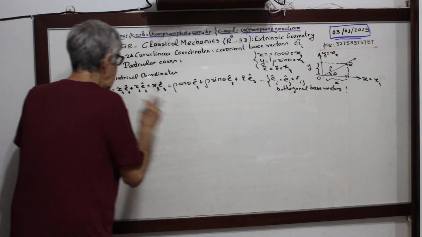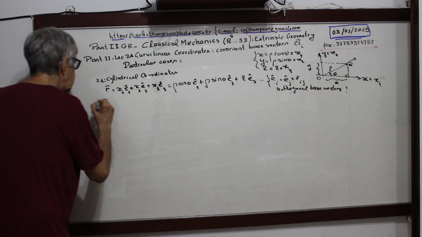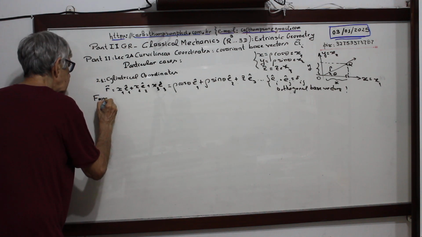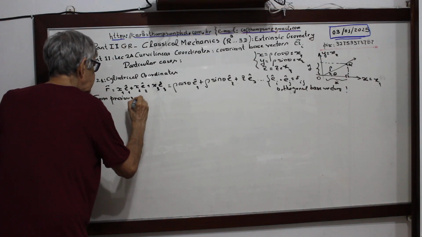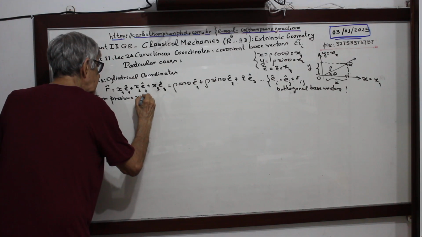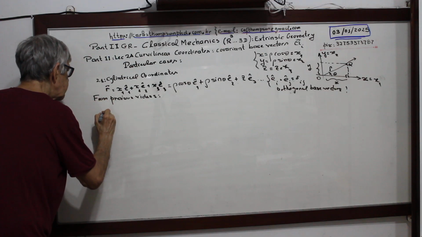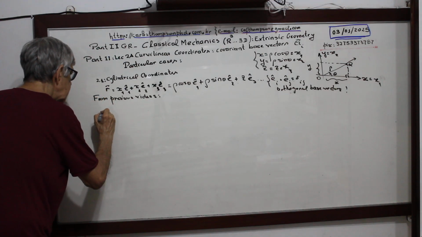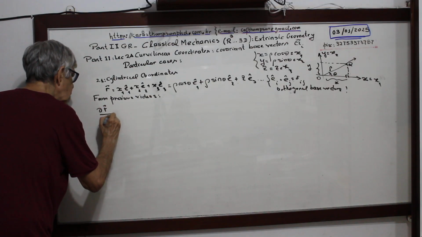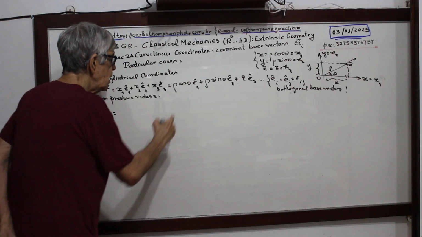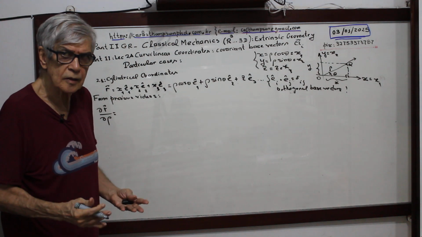Now, from previous videos, look at how easy the partial of R with respect to rho is. Look, E1, E2, E3, they are constant.